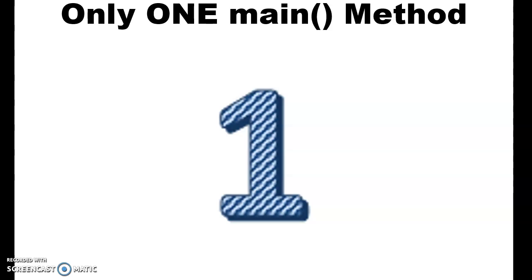If you made a second main method in your program and did all your application activities in there, I'm not going to give you credit for it because it's not in the right place. It's not programmed correctly. It needs to be in the one main method only. Any second main method needs to be deleted, all right?